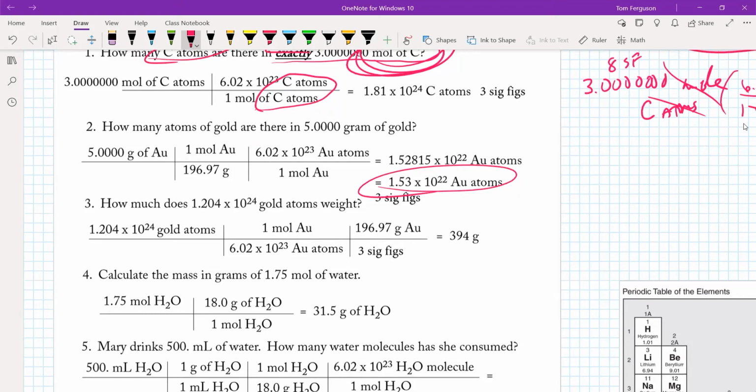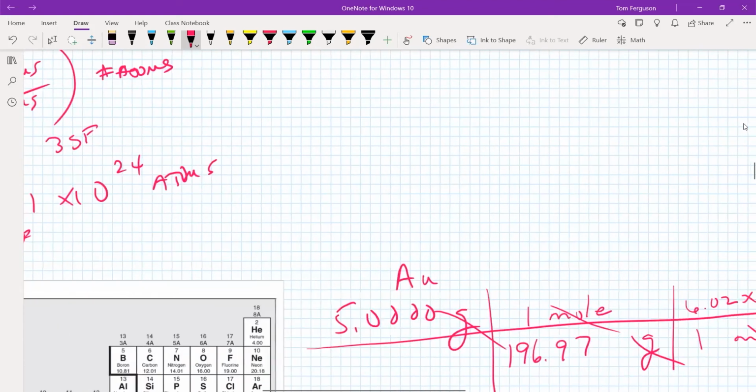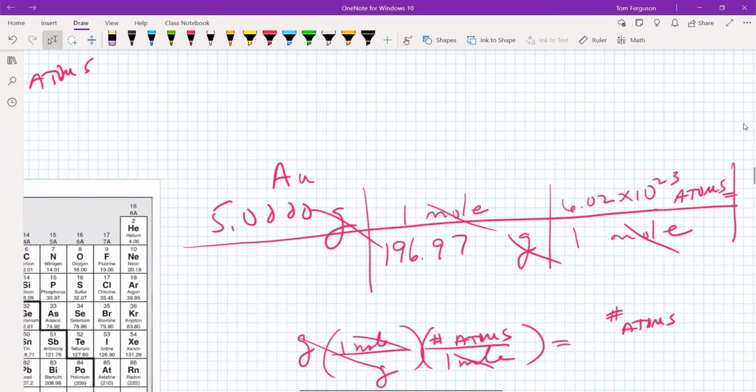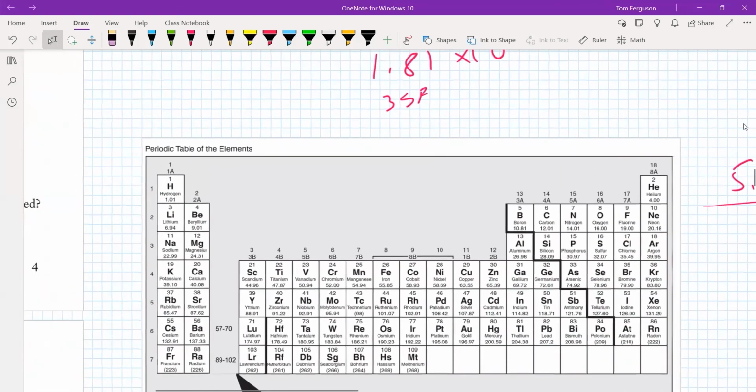Always. Okay. May I ask a quick question about the problem we just did? So when you wanted to know how many grams of gold there was in 1 mole, you referred to the atomic mass unit. Yes, exactly.